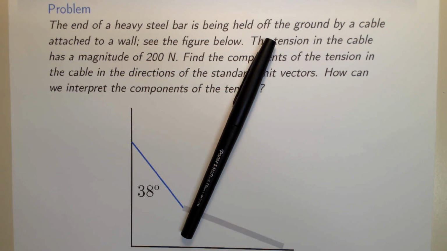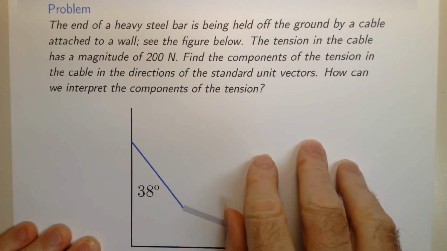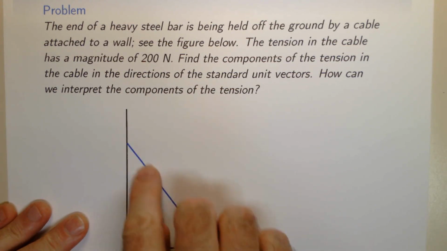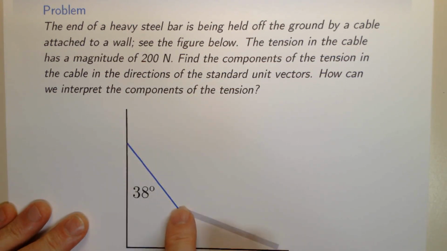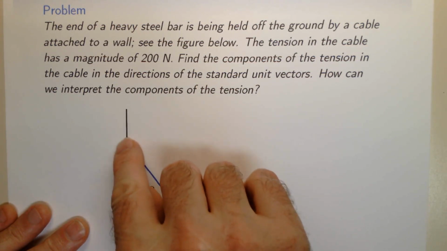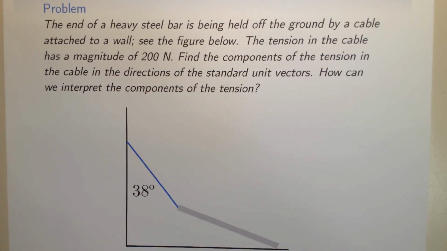All right, welcome to the document camera. Let's take a look at the solution to this problem. I think it helps to draw the situation over here just so we don't get confused by the meaning of this blue line. This is denoting the cable, and we know that the force, the tension, is directed along that cable, but the length of this cable has nothing to do with the force vector per se.